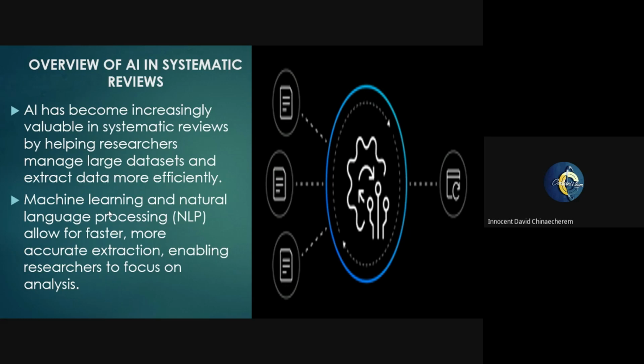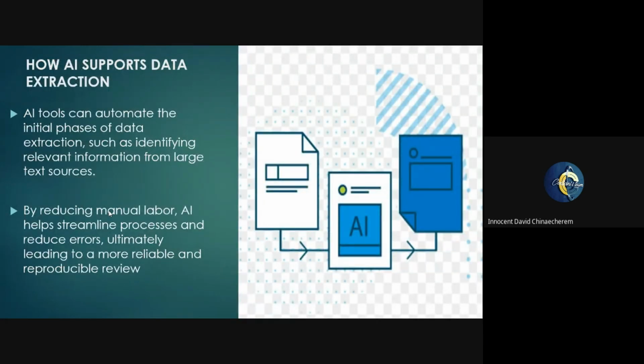Okay, so the question now becomes, how can AI support data extraction, which is something a lot of researchers have always been asking. I could say that for me, AI tools can automate the initial process of data extraction. The first thing it starts by is identifying some of the relevant information from large text sources.